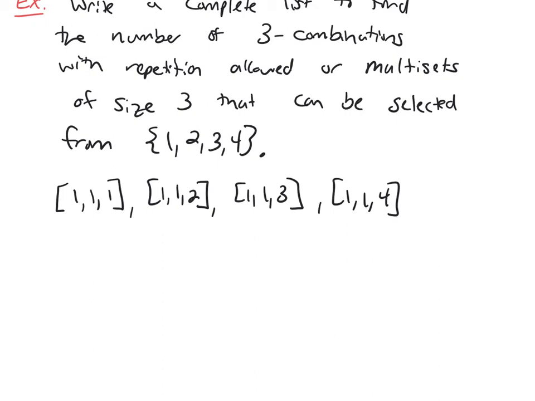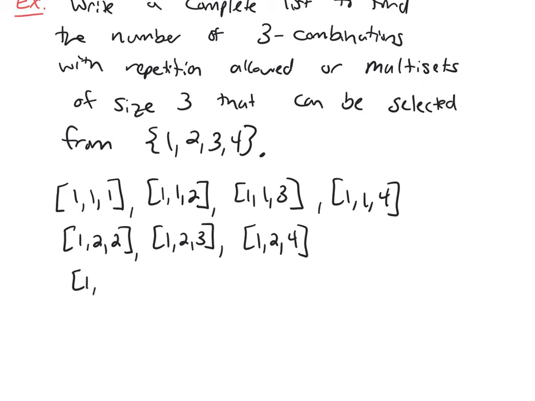So now, let's say I pick a 1 and a 2. Because we're writing things in increasing order, my third element could be a 2, a 3, or a 4. So those are all of the ones that have a 1, 2 in them that haven't been listed earlier.